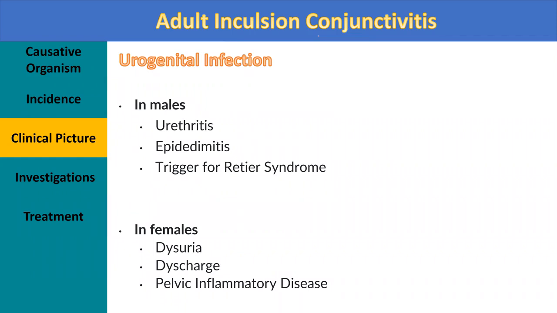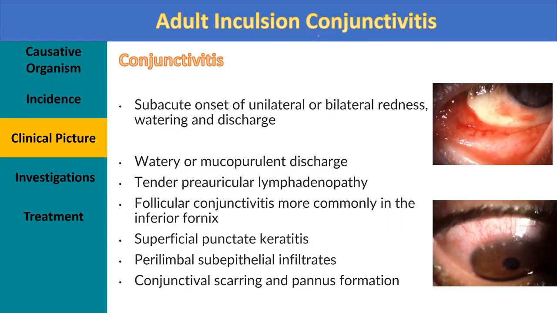Regarding the eye itself, there will be conjunctivitis. So there is subacute onset of unilateral or bilateral redness, watering, and discharge, the same as any case of conjunctivitis. There will be watery or mucopurulent discharge. So both can happen.